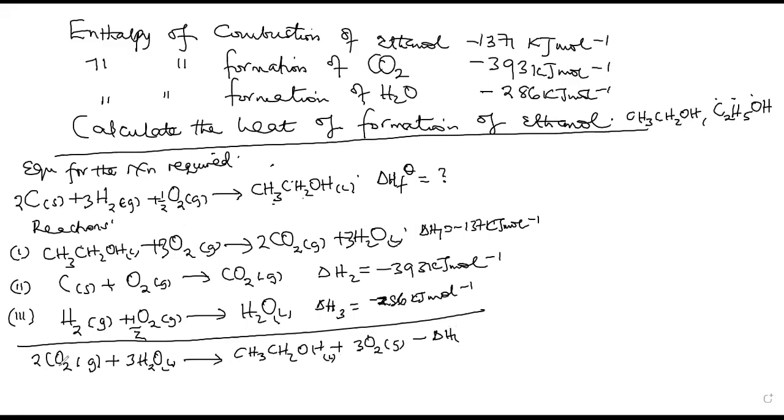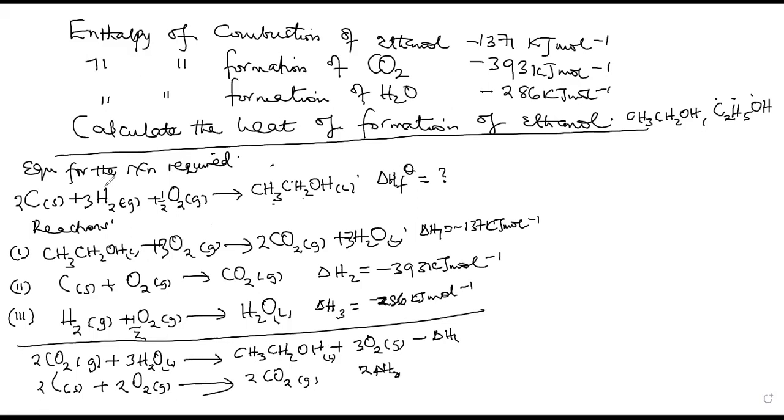When you multiply equation 2 by 2, we shall have 2 carbons plus 2 oxygens, giving us 2 carbon dioxide gas molecules. And this one will give us 2ΔH2.